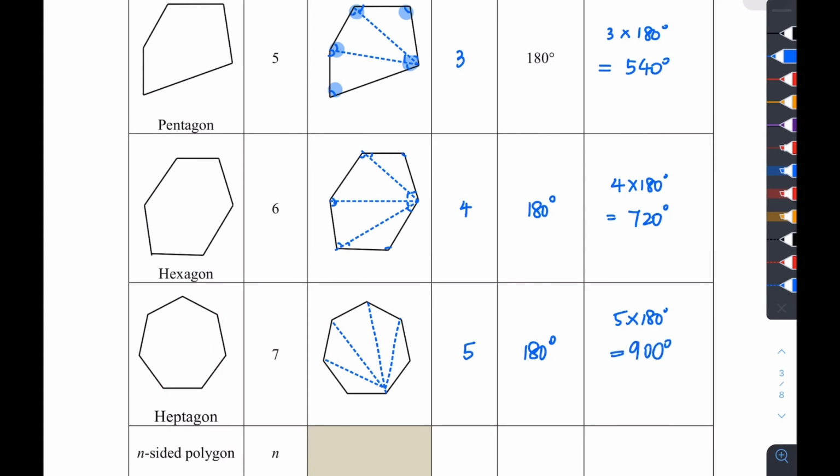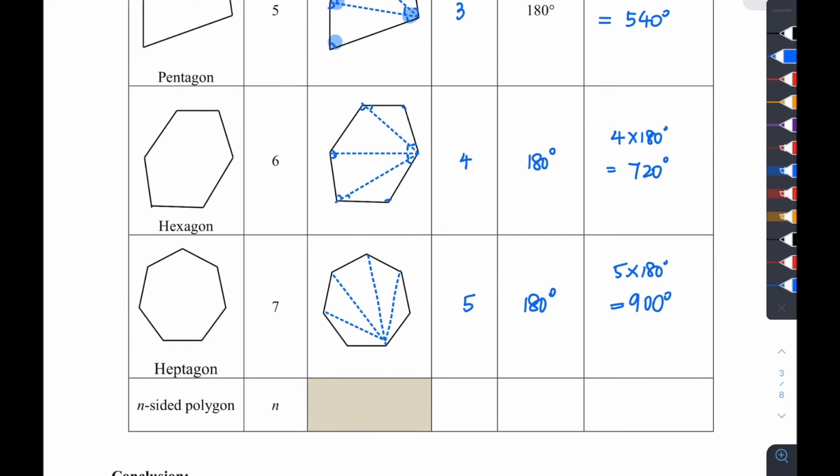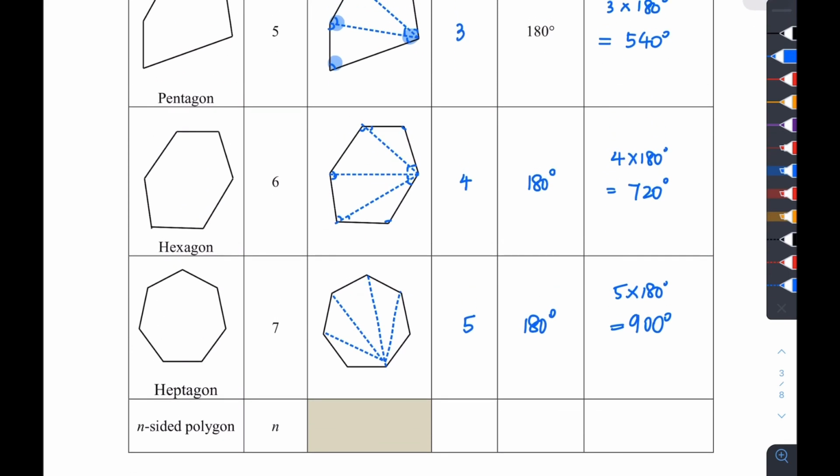So for an n-sided polygon, what would the pattern be like? For something with 5 sides, we have 3 triangles. For 6 sides, we have 4 triangles. For 7 sides, we have 5 triangles. And lo and behold, for something with n sides, we're going to have 2 fewer triangles, so it's going to be n minus 2 triangles.